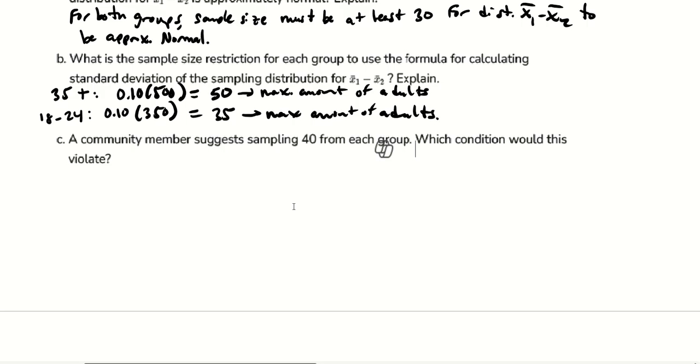A community member suggests sampling 40 from each group. What condition would this violate? This would violate the 10% condition.